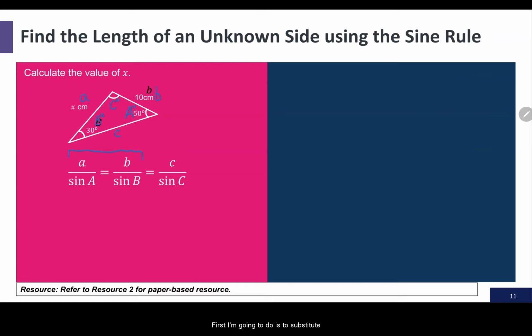First thing I'm going to do is to substitute lowercase a for x, capital A for 50, lowercase b for 10, and capital B for 30. We do not need to use this final part.